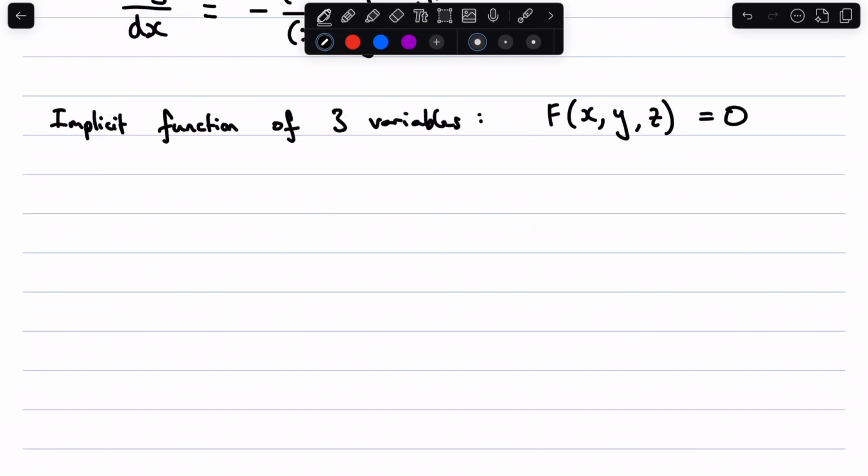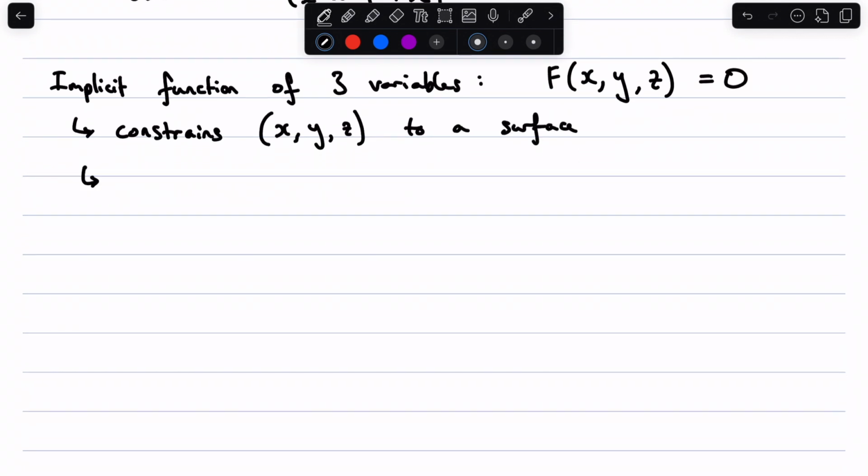If we wanted to look at an implicit function of 3 variables, say F of x, y, and z, and that was equal to 0, that constrains our point x, y, z to a particular surface. Before, when we were doing this for just 2 variables, we would have x and y constrained to a curve, but now this is to a surface.